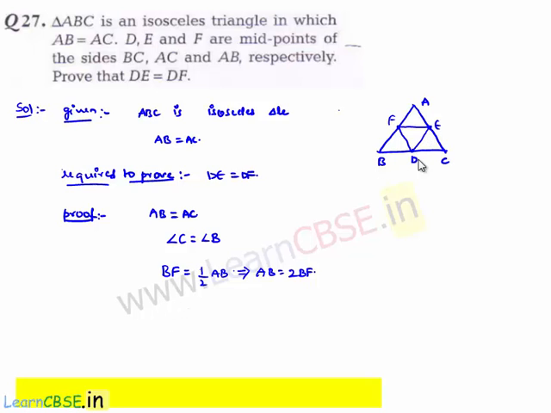And it is given that E is the midpoint of AC, therefore CE will be equal to half times AC. That implies AC is equal to 2 times CE.